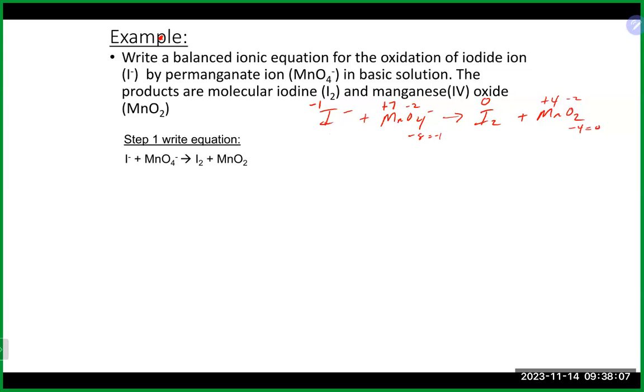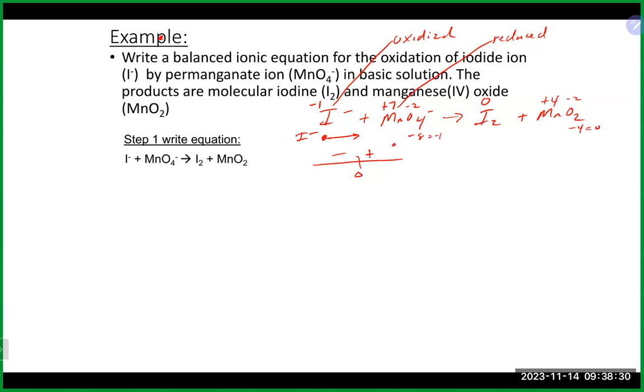Once again, if you're not sure, you can go with the number line approach. And if we look at the I minus, it starts at -1, ends at 0. So it is actually becoming more positive. So the I minus here is being oxidized. By default, that means this guy should be reduced. We could also, again, look at it on the number line.